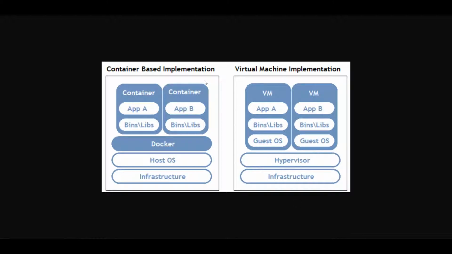But in a container-based implementation, it is similar to a virtual machine, but the main difference is that it is built on top of your host operating system, not on top of your hypervisor. On top of your operating system, we have a Docker daemon, which you can also refer to as the Docker engine for the moment.